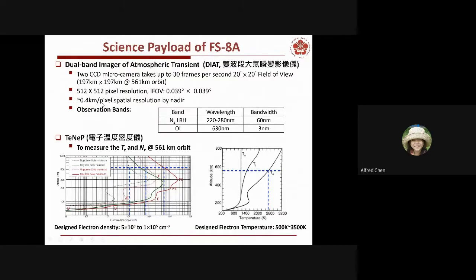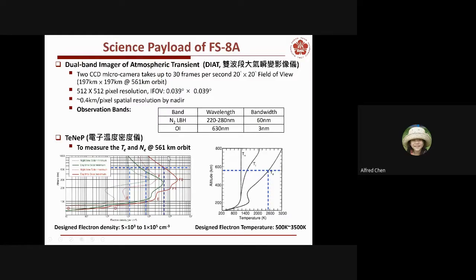These 2 imagers are equipped with specially designed filters. The first one is the N2 LBH band, with wavelength covering 220 to 280 nanometers. This is the ultraviolet band with an intermediate bandwidth of about 6 nanometers. The other one is centered on oxygen 630 nanometers. It is a narrow band filter, with a bandwidth of only 3 nanometers.